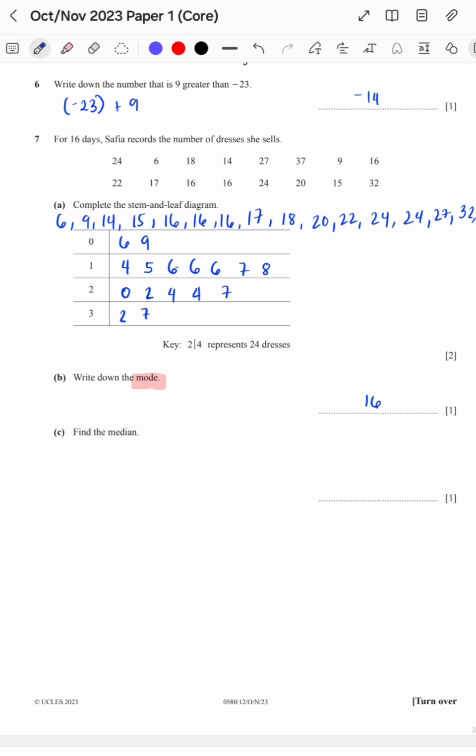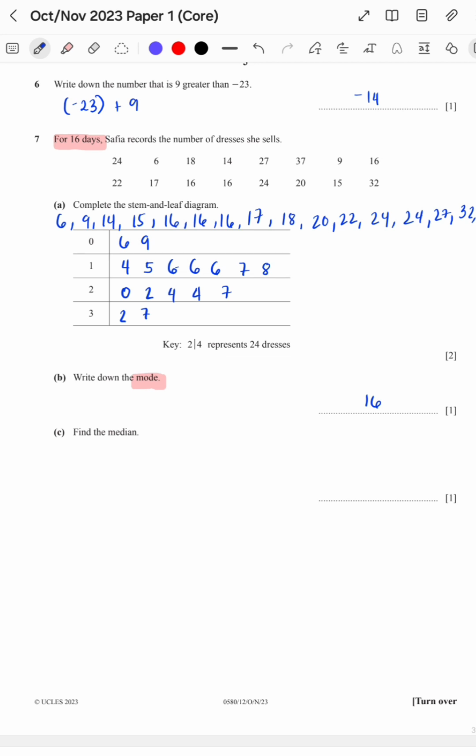Next, find the median. The median is the middle value. Given that we have an even number of data, there will be 2 middle values, and we have to find the average of those 2 middle values. The 2 middle values will be 17 and 18.